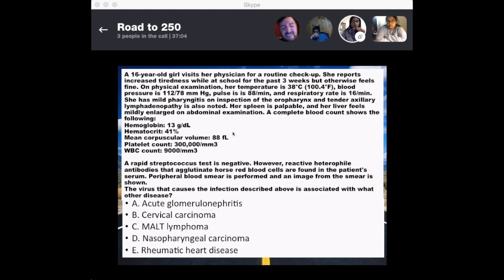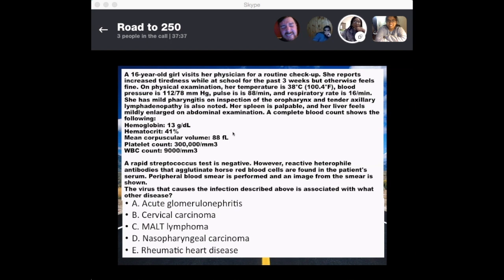A complete blood count shows the following. Hemoglobin is 13, hematocrit is 41, mean corpuscular volume is 88, platelet count is 300,000, and white blood count is 9,000. A rapid streptococcus test is negative. However, reactive heterophile antibodies that agglutinate horse red blood cells are found in the patient's serum. A peripheral blood smear is performed, and an image of the smear is shown, which I did not show.